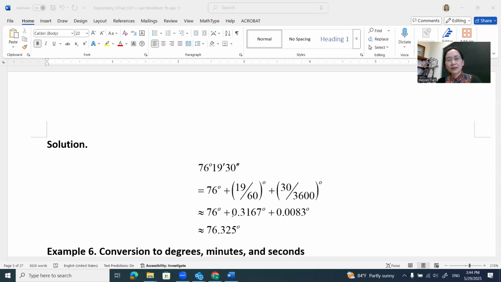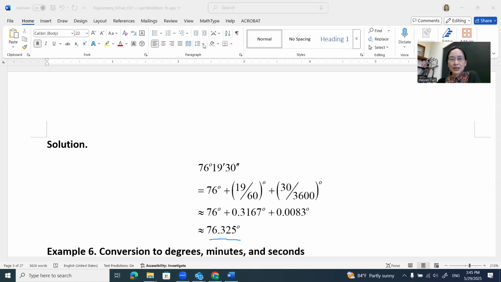And then together, if we convert the fractions into decimal form, and we can keep 4 decimal places, for example, then we get the angle using only the degree measure, but this angle is a decimal degree.